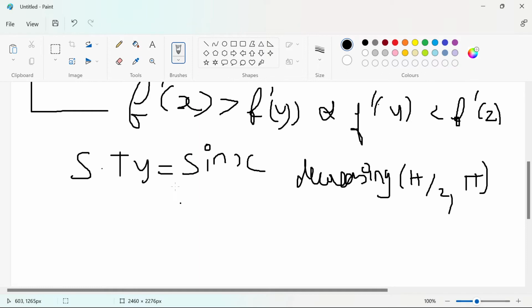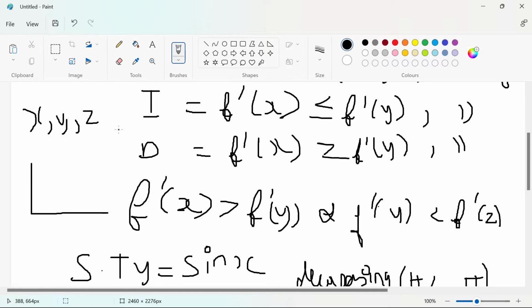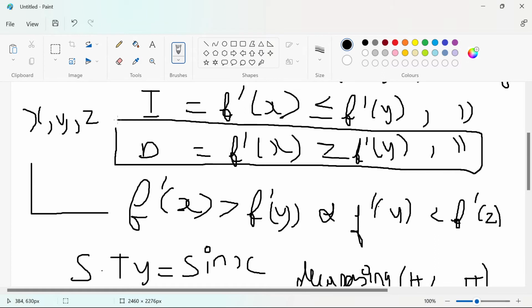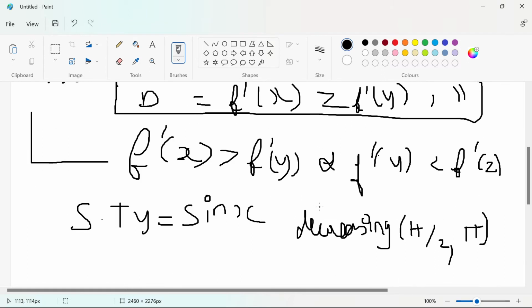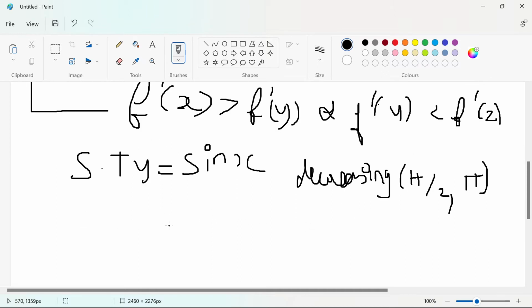Sorry for the bad handwriting. This is the question. This is the formula we'll be using. Decreasing, right? It isn't strictly decreasing, it's just decreasing.